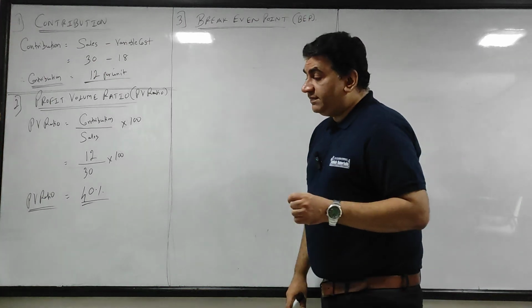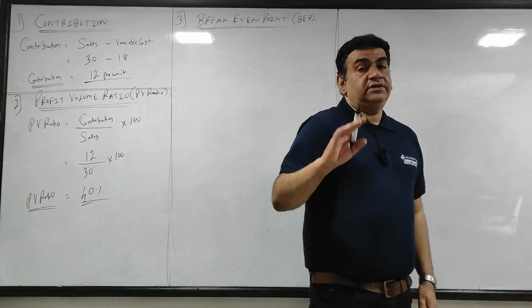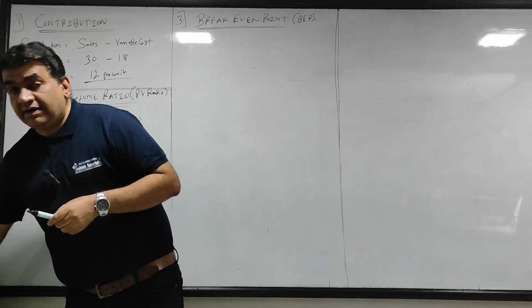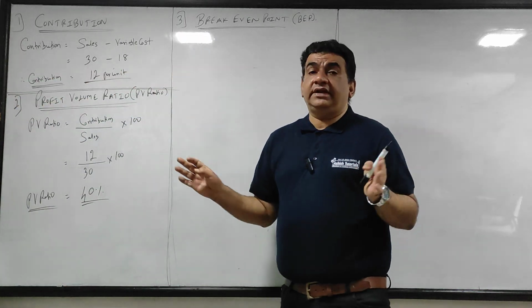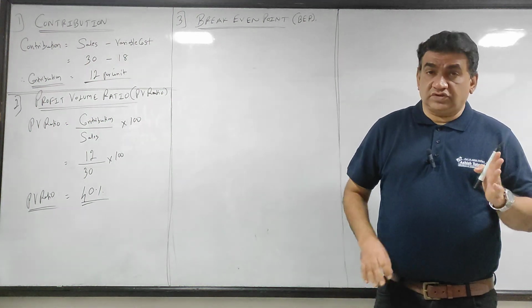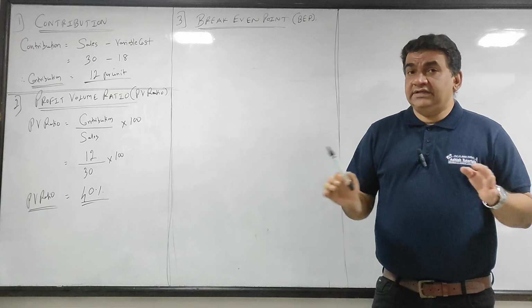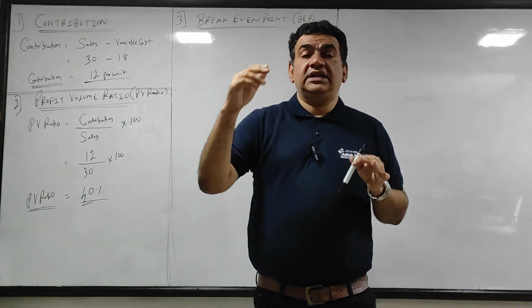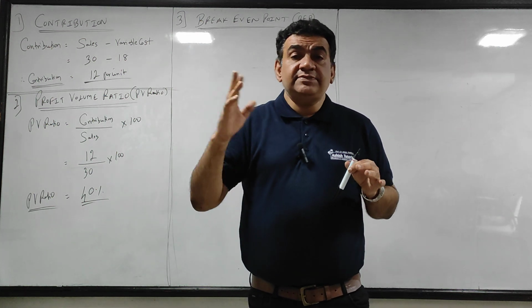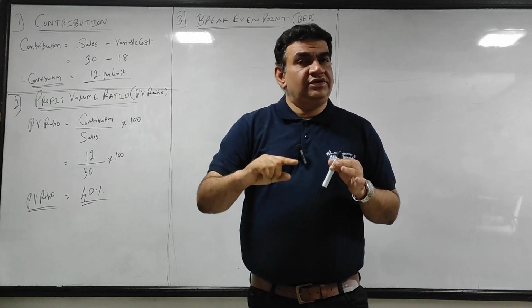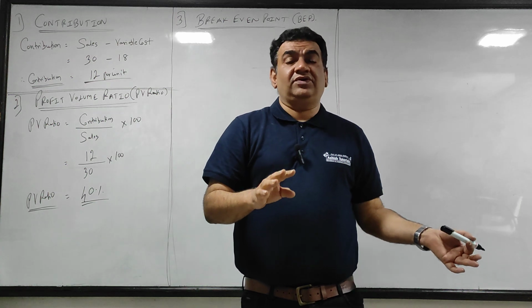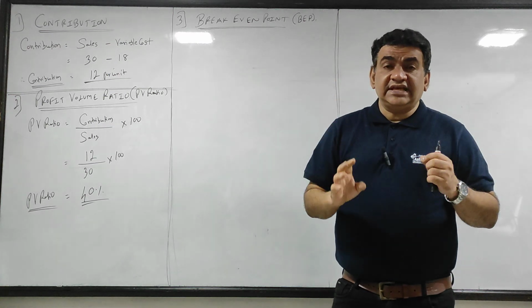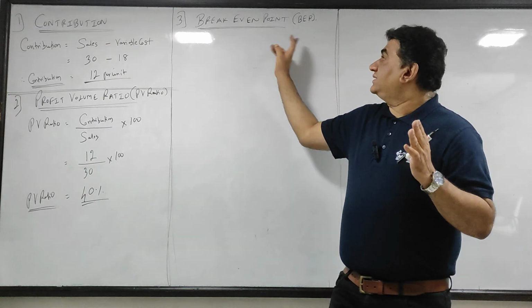The company doesn't make a single rupee of profit nor incurs a single rupee of loss. It is that point where my sales is equal to total cost. Obviously, if my fixed cost and variable cost for the whole year together is 10 lakh and my sales is also 10 lakh, then 10 lakh minus 10 lakh, the answer is zero. Neither a single rupee of profit nor a single rupee of loss. So it is also that level where my actual total sales is equal to the total cost. That is break even point.